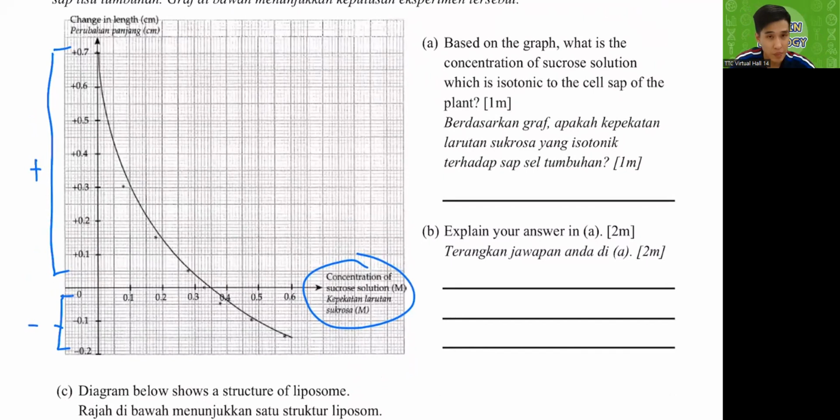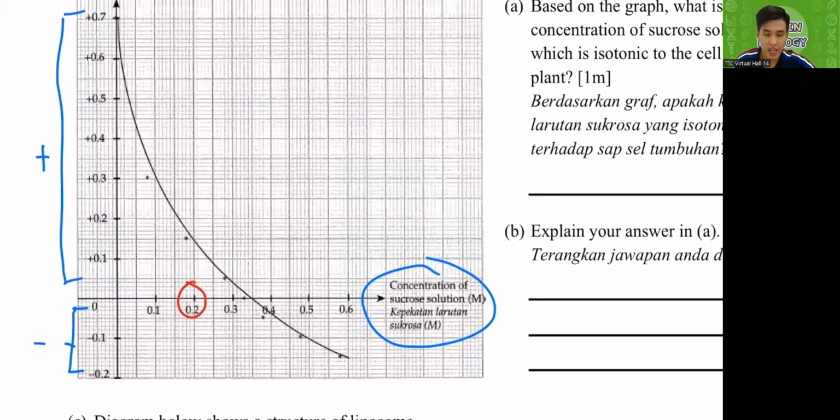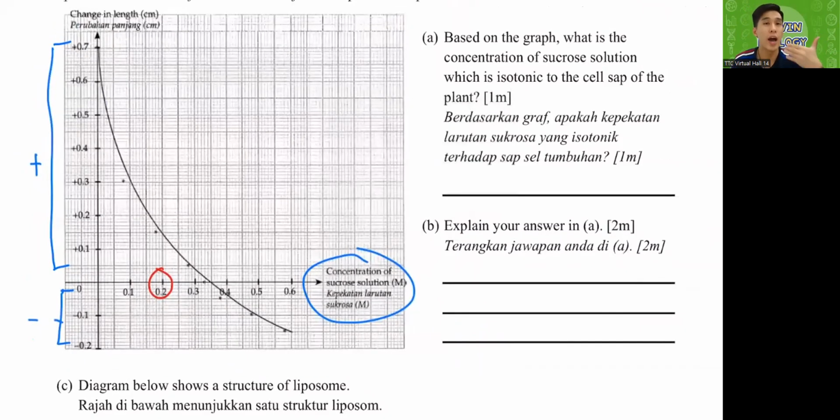So guys, let me ask you, I pick one random concentration, 0.2. Is it hypo or hyper towards my plant cell here? 0.2 sucrose, is it hypo or hyper?